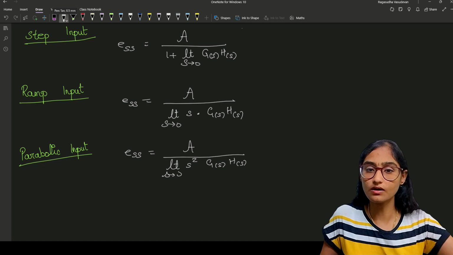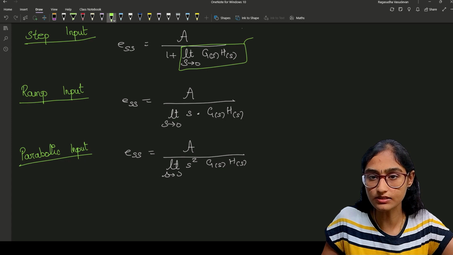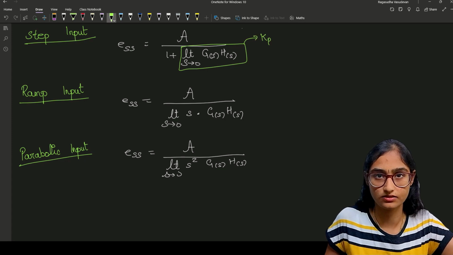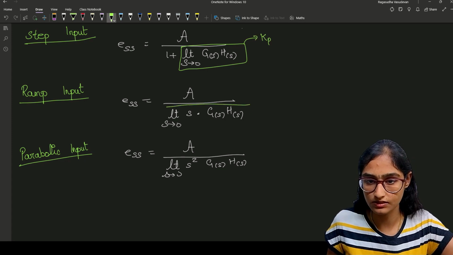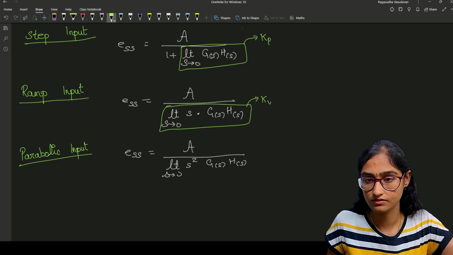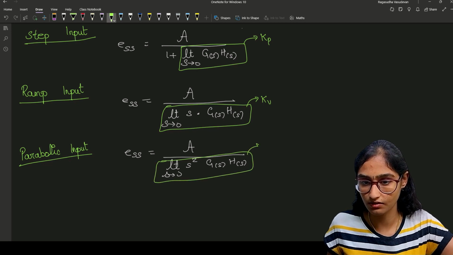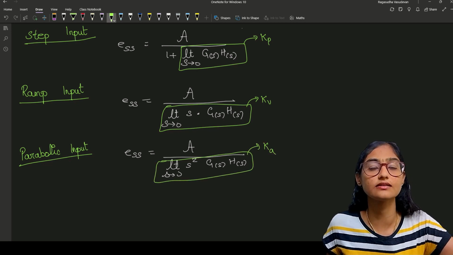Okay. Now let's analyze this term. This is called the positional error constant. This is called the velocity error constant. This term is called the acceleration error constant.